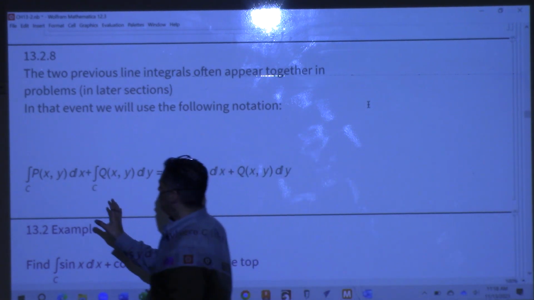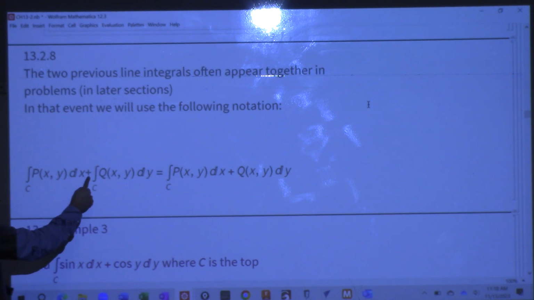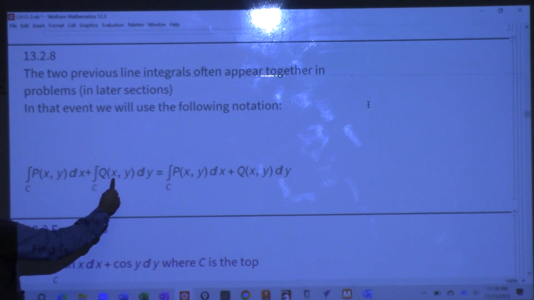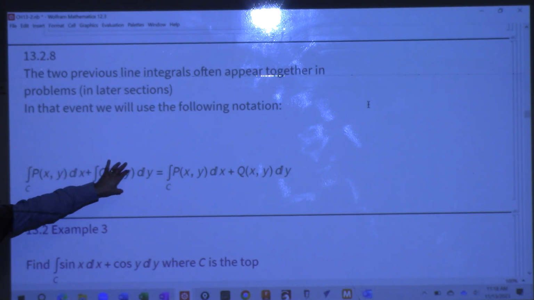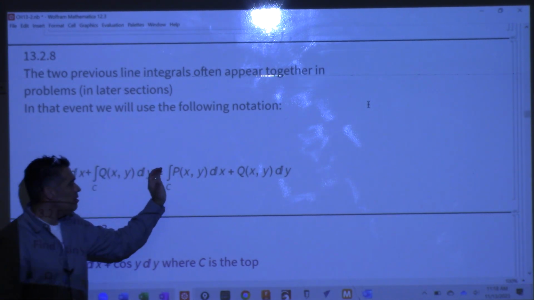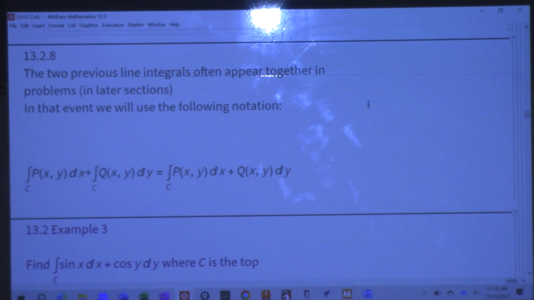So this would be the line integral along C with respect to x of P(x,y), where P is like f, just capital P, and then plus a different function, Q(x,y) dy. If we ever see that and we want to add these two together, that notation means the same thing. You don't have to write them as two different integrals. You could write them as a single integral, dx here, dy there, and then use your formulas on each one.